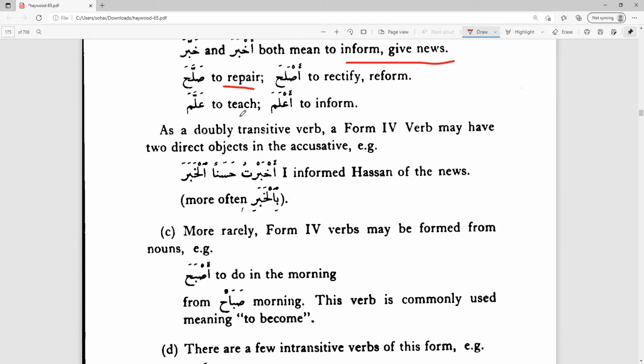Very similar. Allama, to teach; a'lama, to inform. Very similar in meaning. So it says as a double transitive verb, a form 4 verb may have 2 direct objects in the accusative.